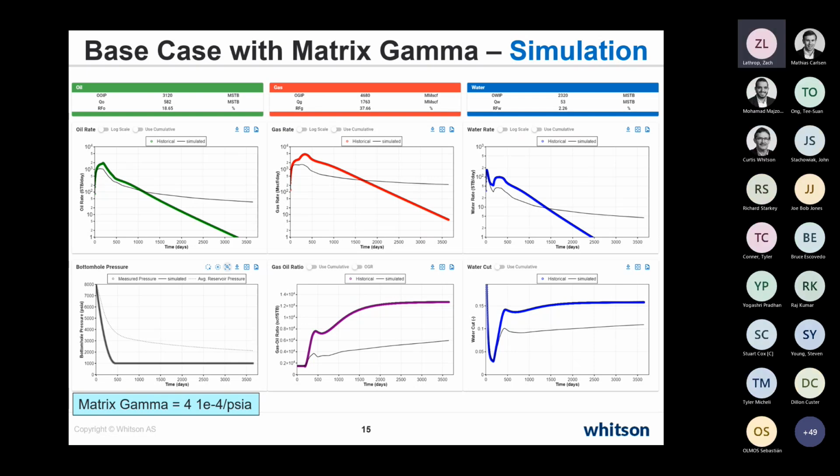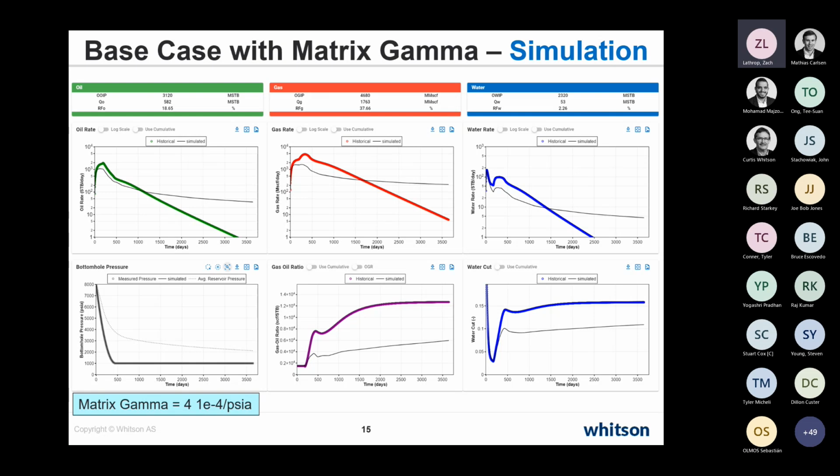Yeah, and Curtis, to your comment on instead of being a uniform decrease in the permeability, something closer to the fractures. I'm reaching back a little bit to an older project, not something I work on much anymore, an old Haynesville project. I think we were using gamma values similar to this, mid 10 to the -4, 4 or 5 to the -4.